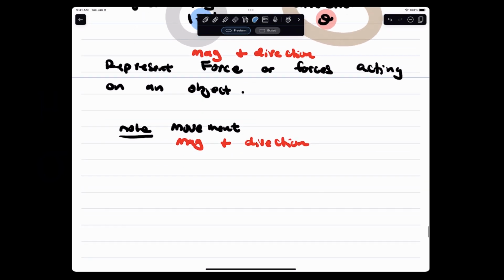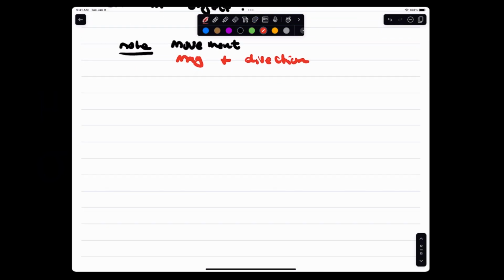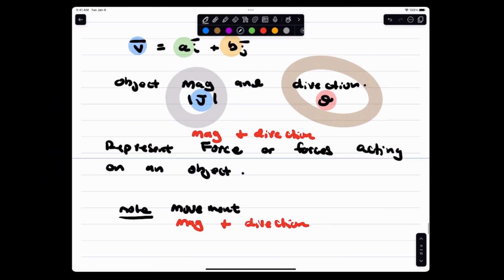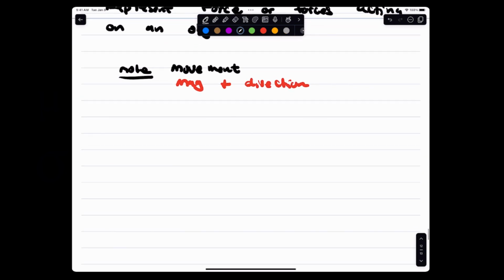Now, let me say this to you guys. Remember the idea here. Here's the one thing that we really want to remember, the definition. I'm going to give you this definition again.